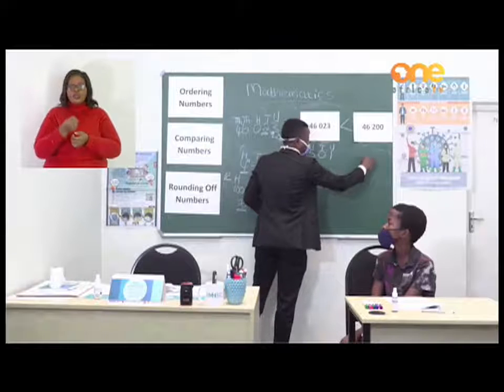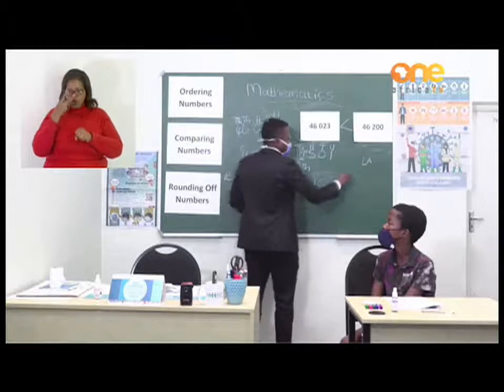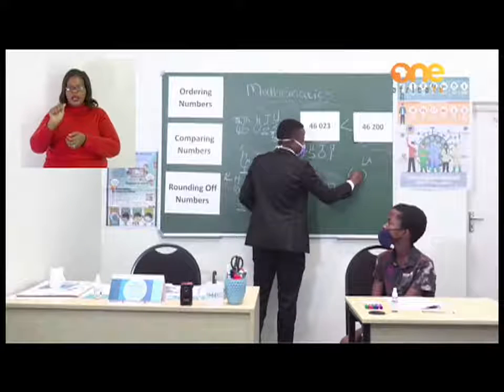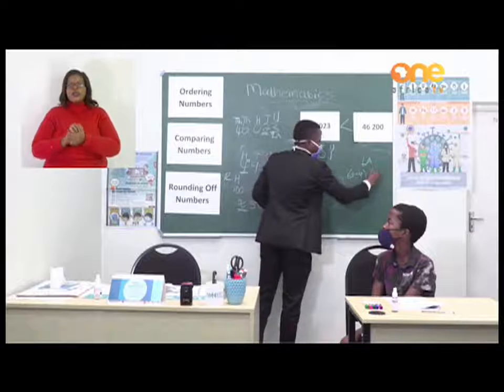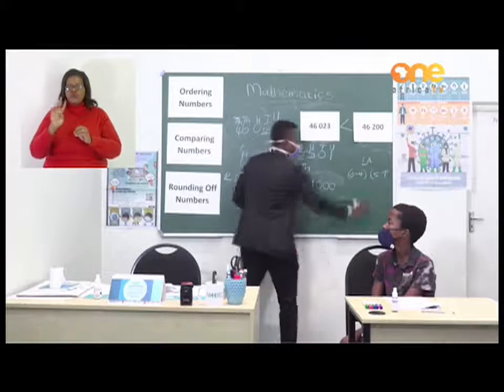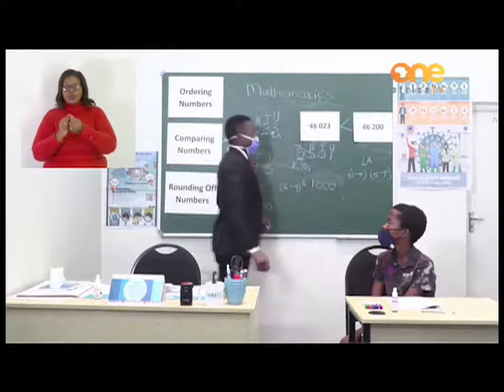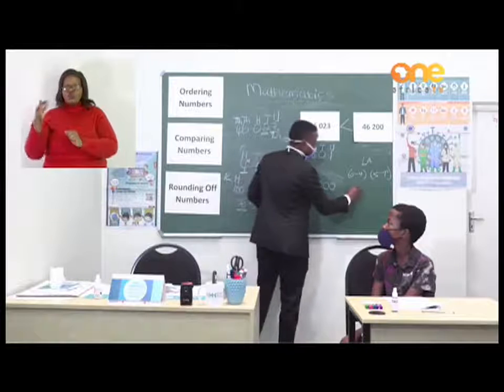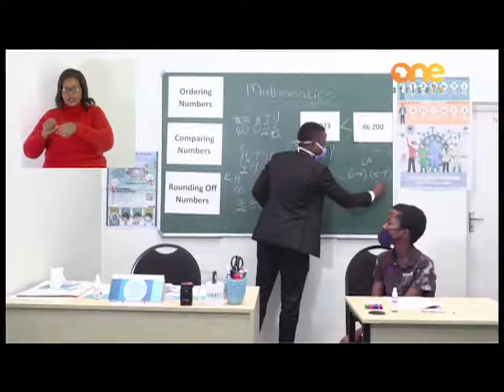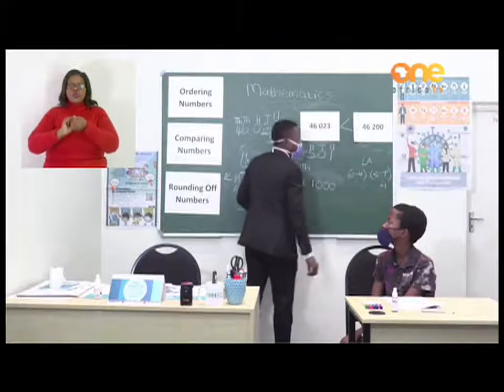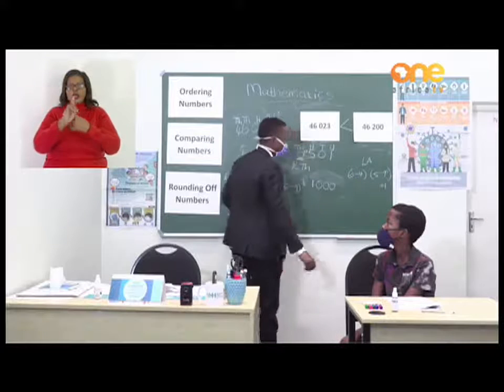So in short, when it comes to rounding off, there is a number you need to look at. There are two categories, between 0 and 4, and between 5 and 9. And there is also a change by adding 1 if it falls in this category.